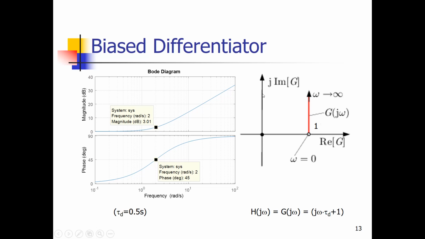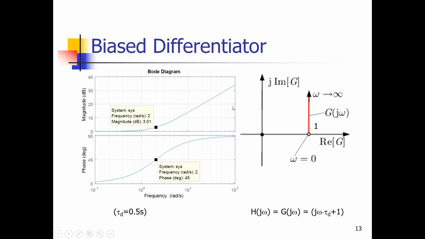So for the Nyquist plot, in which we have always on the horizontal axis the real part of the complex number and the imaginary part on the vertical axis, we see that we always have a real number of 1, and we have an increasing number on the imaginary axis. So my Nyquist plot starts off for omega 0 exactly in the point 1, and then it increases, and the Nyquist plot goes up like this.